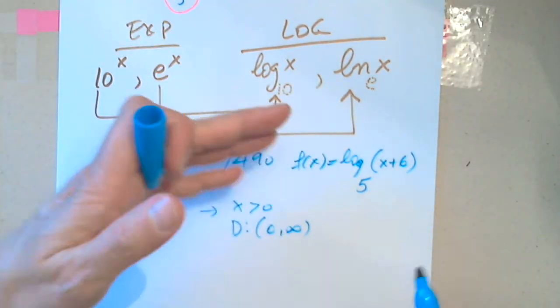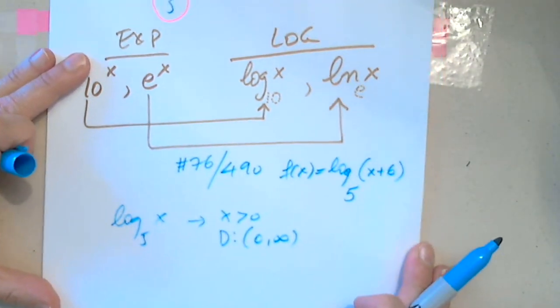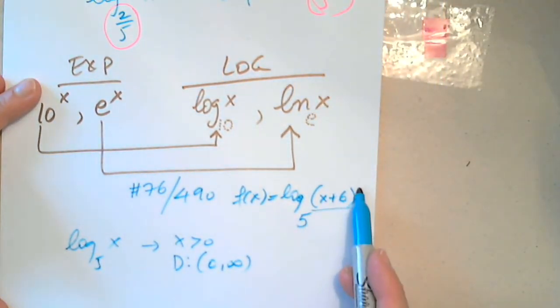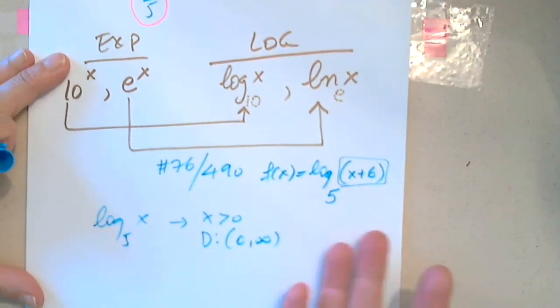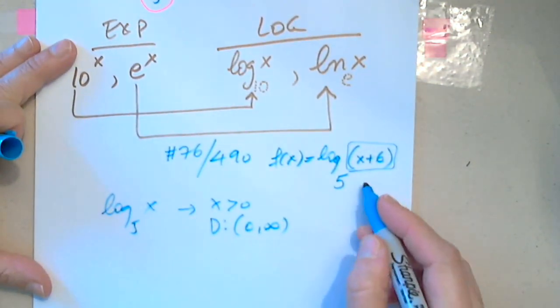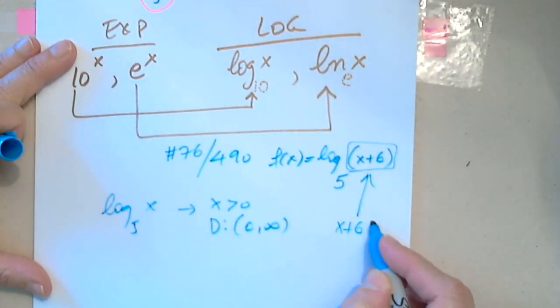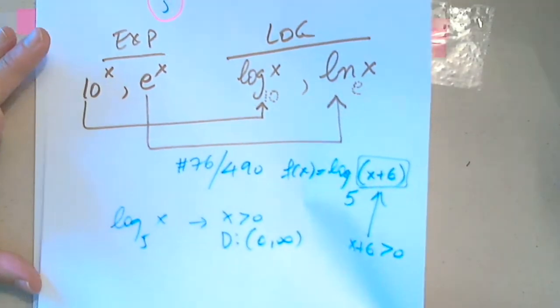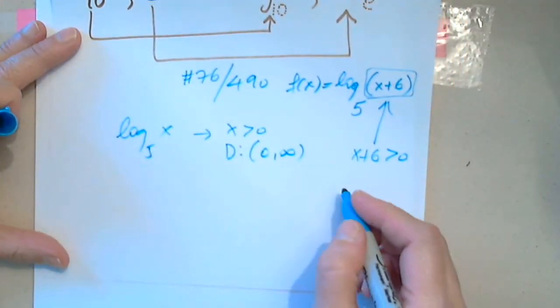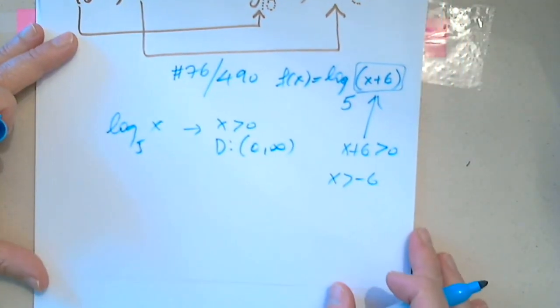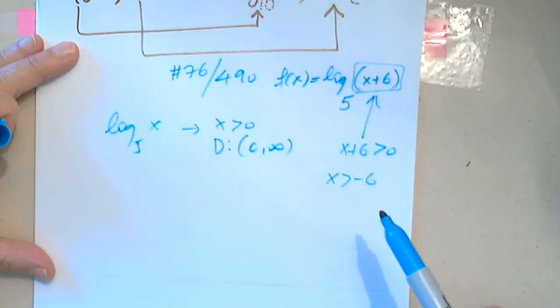But here we don't have log of x. Here log is applied to x plus 6. The same way, I would have to write that x plus 6 is greater than 0, which will mean x greater than negative 6. And we know that this is a transformation.